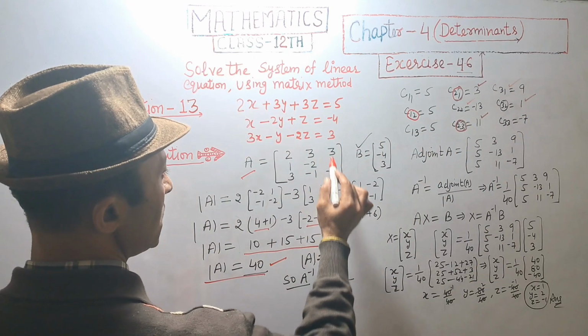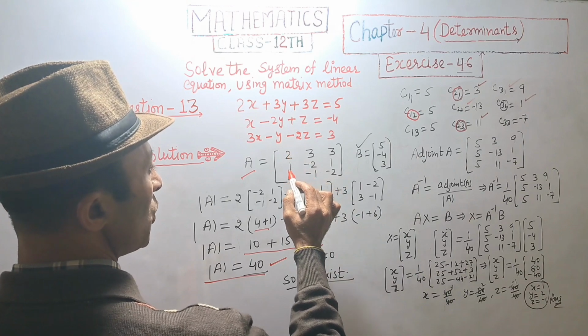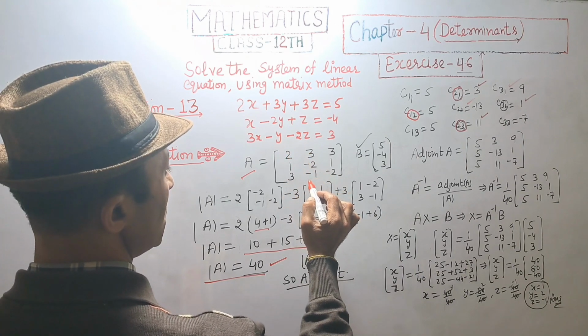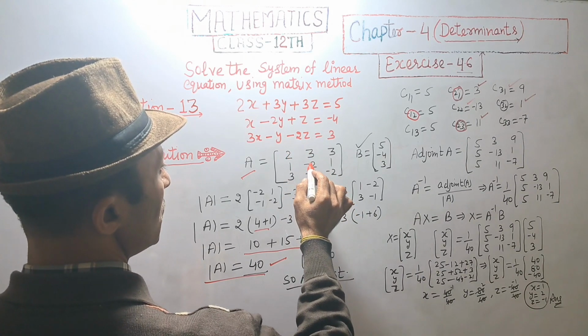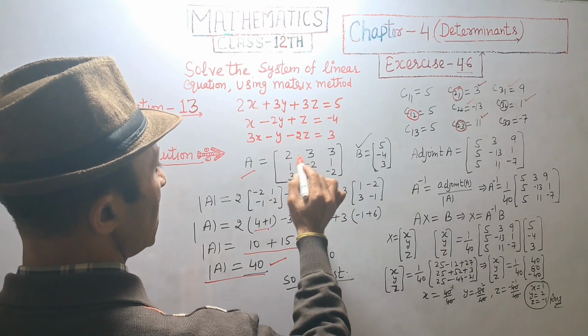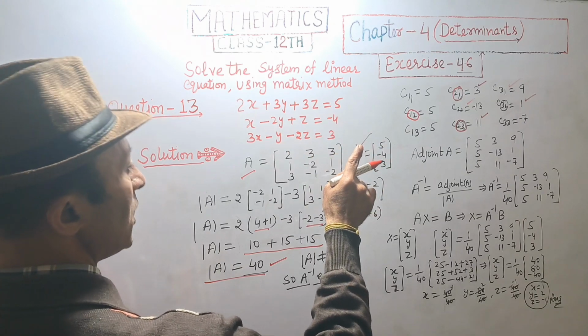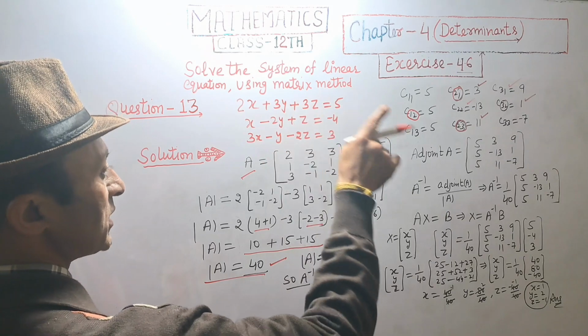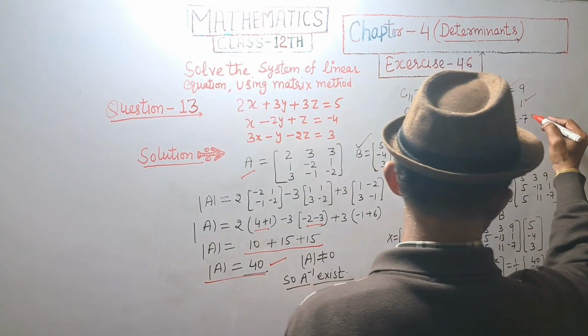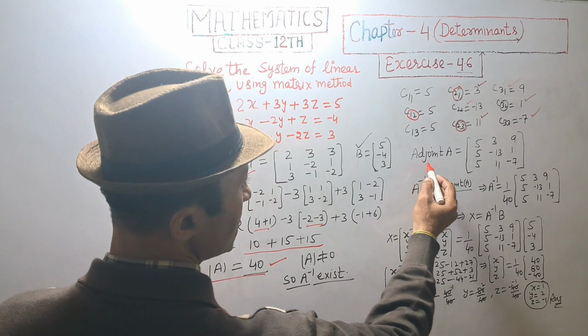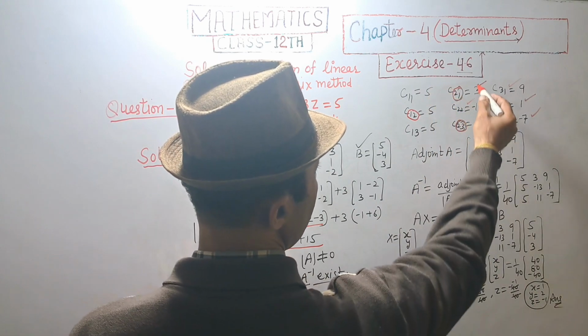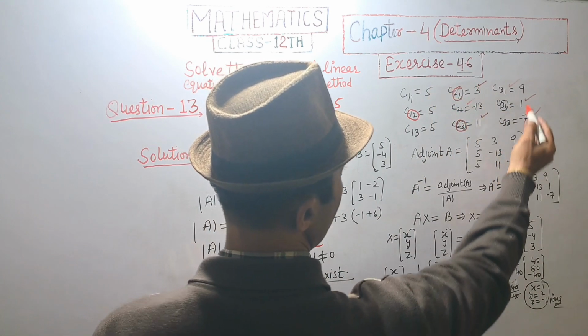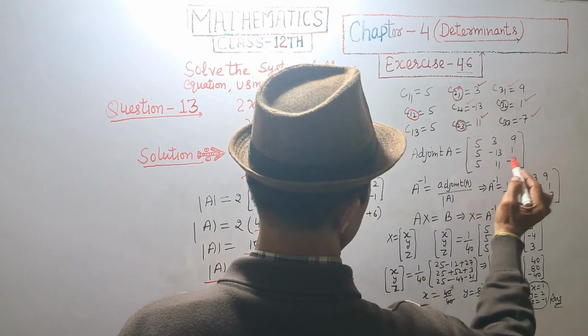And C33, 2 2s are minus 4 minus 3, that is minus 7, so C33 is minus 7. And adjoint A is [5, 5, 5; 3, -13, 11; 9, 1, -7].